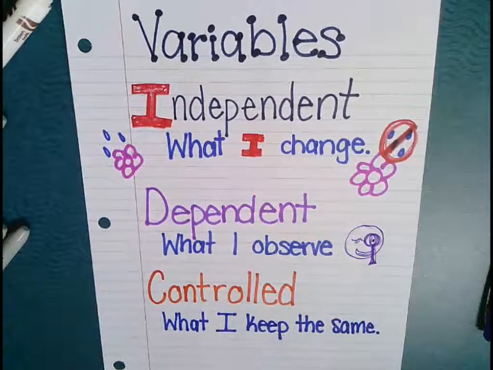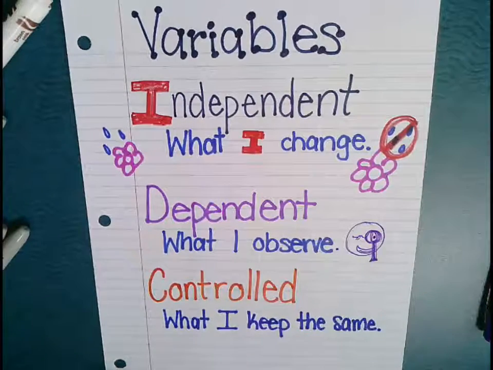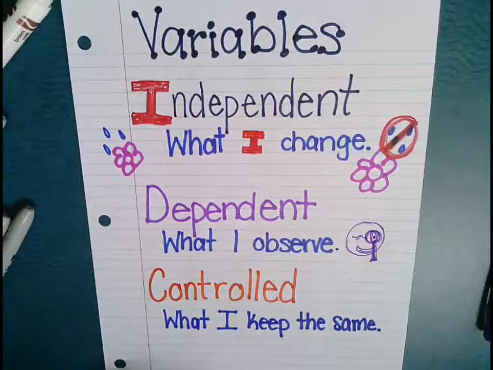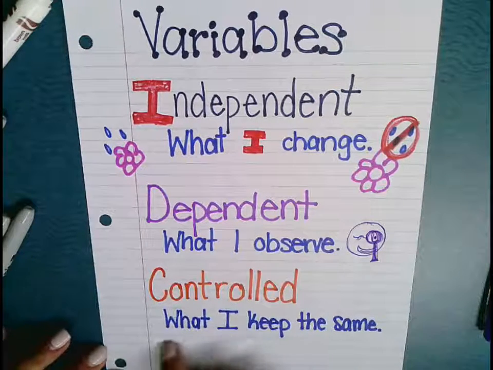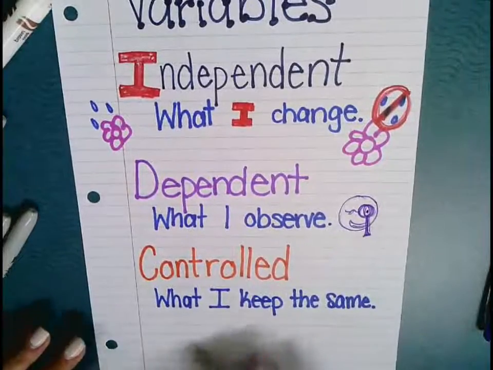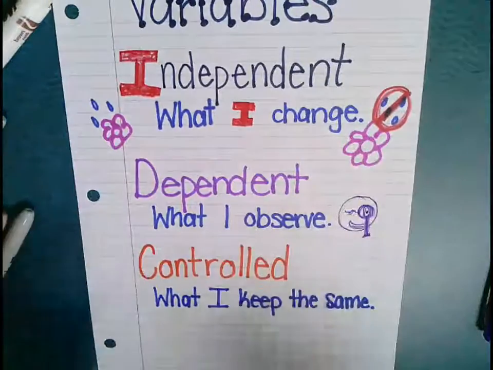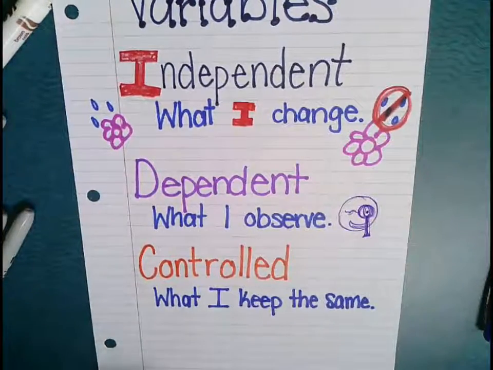Would it be fair if I use an experiment and I'm trying to see which plant can grow the tallest, but I use a tree for one plant and I use a cactus for another plant? Do cactuses usually grow as large as trees? Probably not. So controlled is what I keep the same in the experiment. I need to make sure that I'm using the same type of plant when I did my experiment.